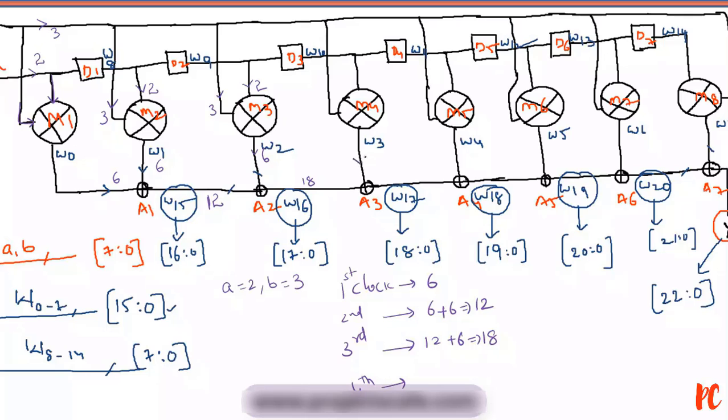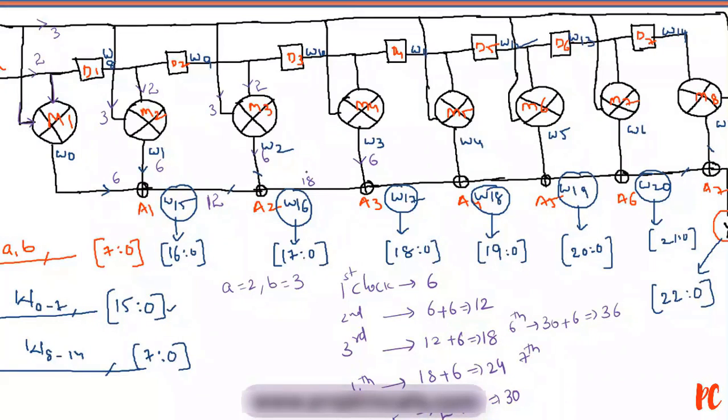The output of A2 will be acting as 18. From this again one more 6 you are going to get, and this value will be 18 plus 6, which will be 24. For the fifth clock cycle, 24 plus 6, which will be nothing but 30. For the sixth clock cycle, 30 plus 6, nothing but 36.